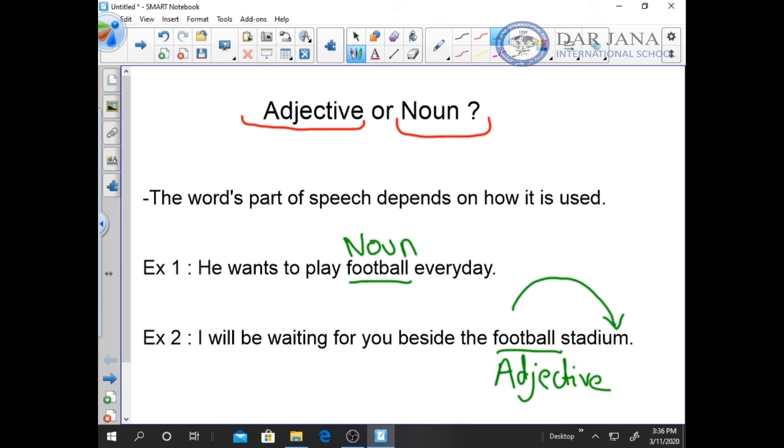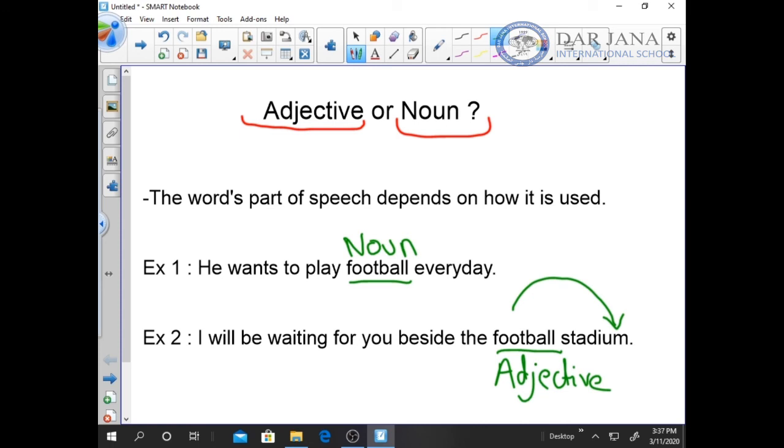So the same word can be used as an adjective and can be used as a noun, but this depends on how it is used. So again, if it is used to name something, it is a noun. And if it's used to describe something, it is an adjective.